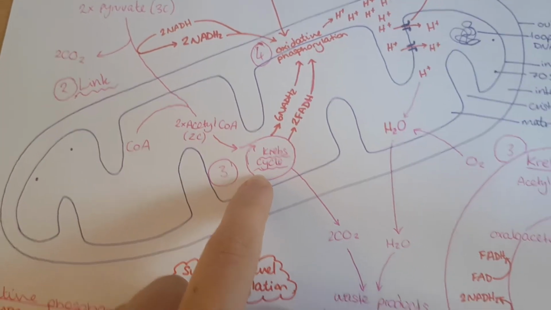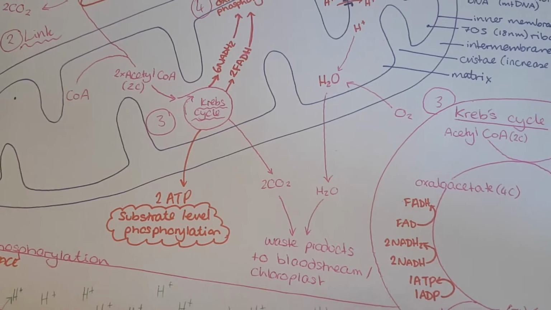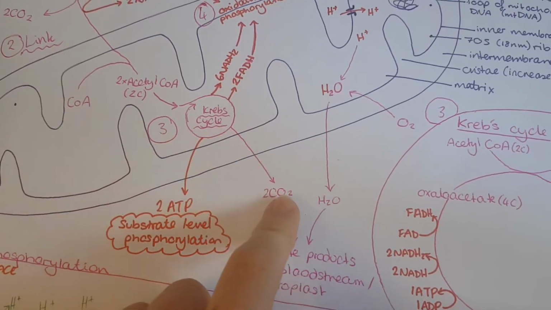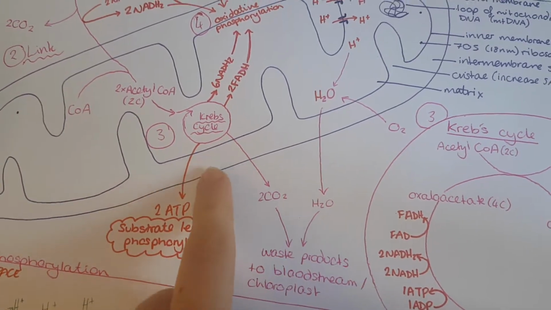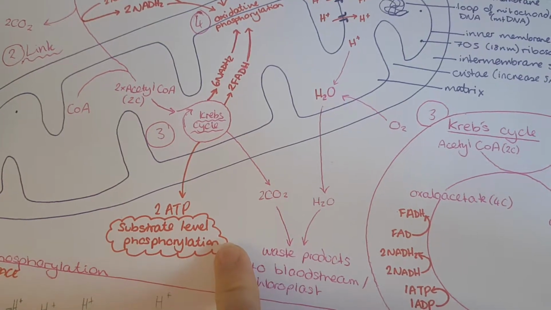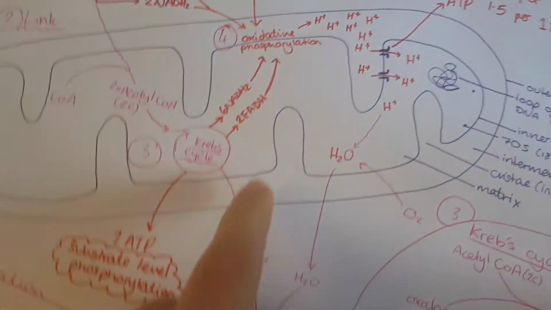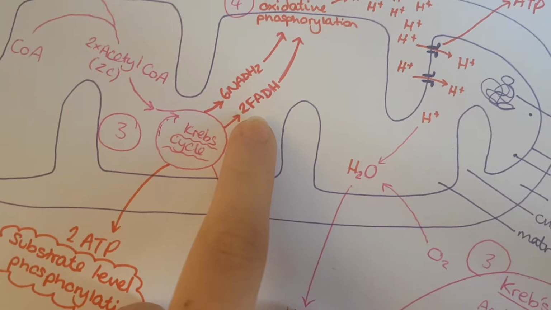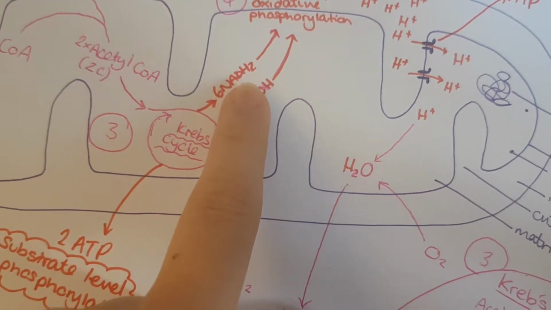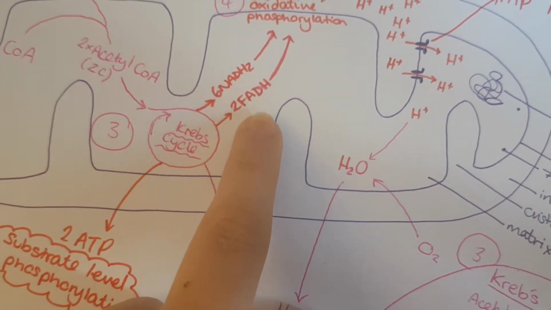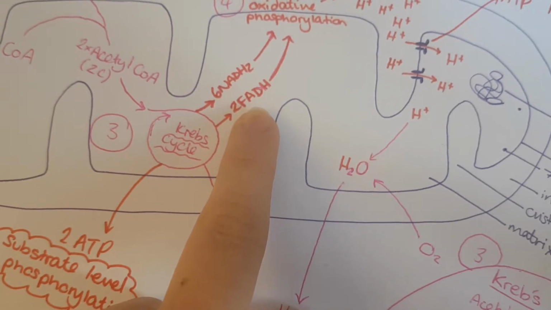The Krebs cycle is a little bit more complicated than that, but basically we lose more carbon dioxide. We also make a couple more molecules of ATP by substrate level phosphorylation, and lots of reduced coenzymes. NADH again, there's 6 of those made, and reduced FAD as well, 2 of those are made.